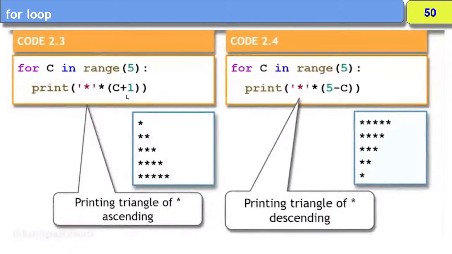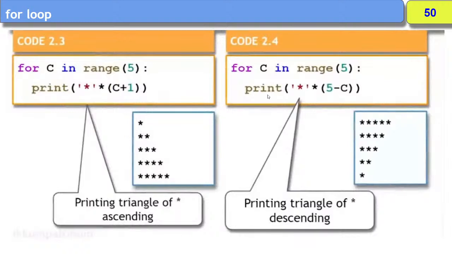Then C will become 3. 3 plus 1 is 4, then it will print 4 asterisk signs. Then C will become 4. 4 plus 1 is 5. 5 into asterisk will print 5 asterisk signs here. And 4 is the last value of this range. Okay, so this way this pattern is printed.